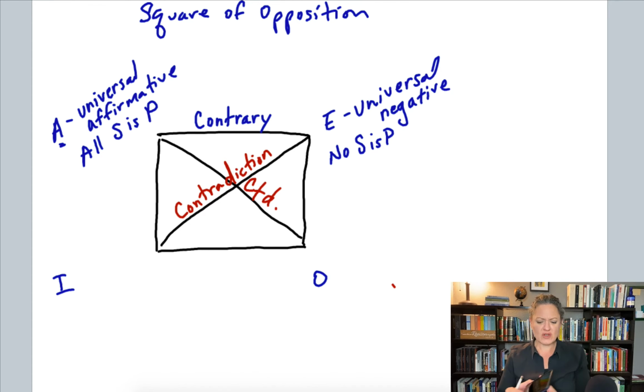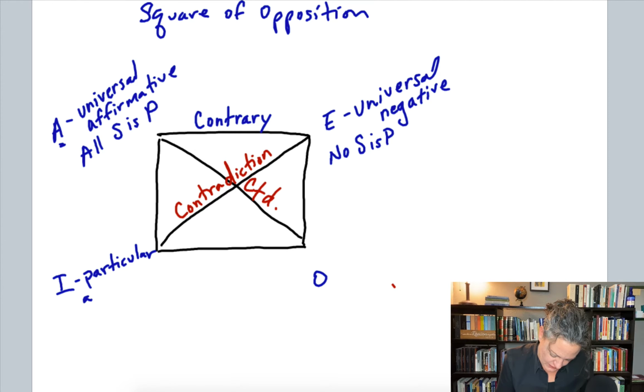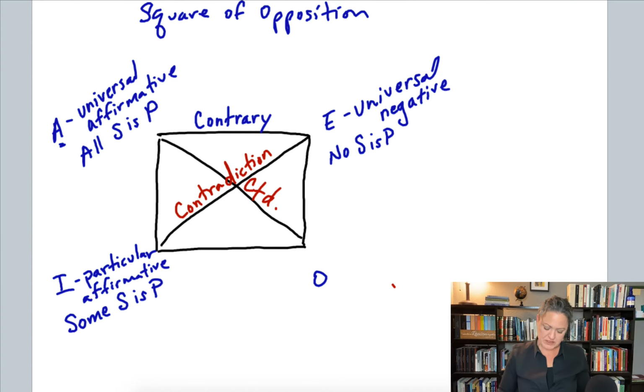You'd say, no, some of them are. Here's one. Apple made this iPhone. So that would be the I statement, which is a particular, at least one, a particular affirmative statement. At least one iPhone is made by Apple. I have it right here on my table, right? So we'll say some S is P. That's the particular affirmative.